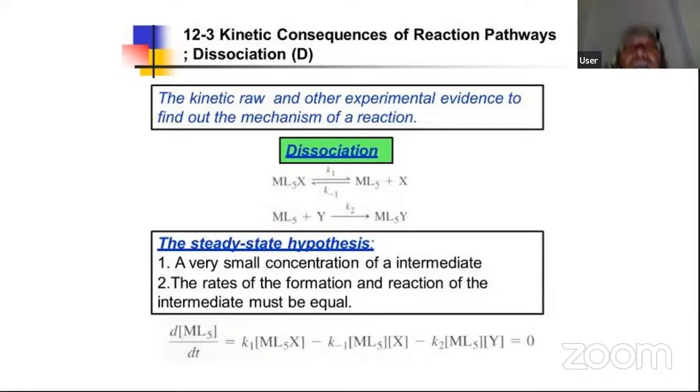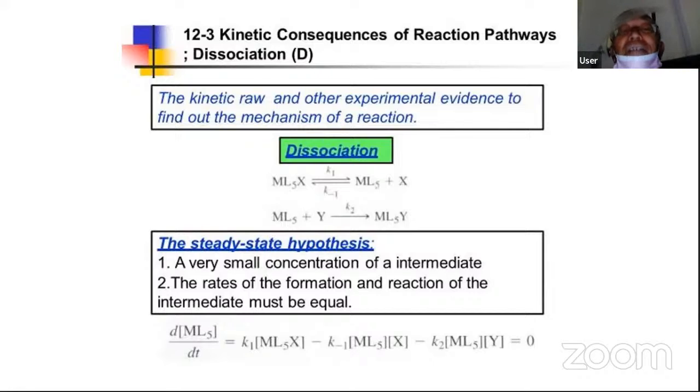Now for a dissociation reaction, you know that one of the ligands will leave first, then a new ligand comes in. So these are the reaction schemes, not yet the mechanism. Mechanism is a complete description from reactant to product, and you need kinetics to prove it.